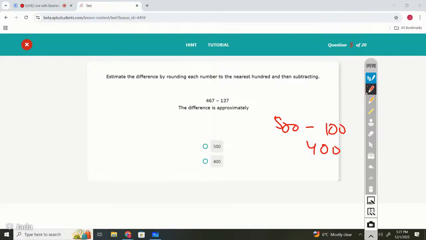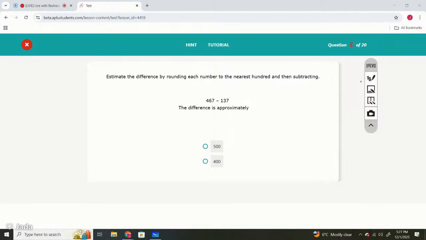Very good. 400 it is. Option number 2 is the correct option.